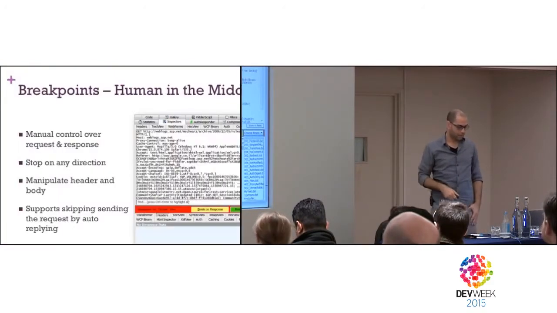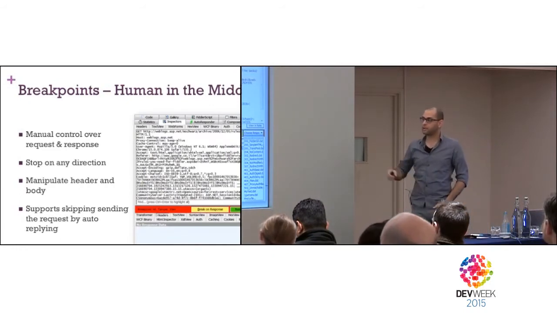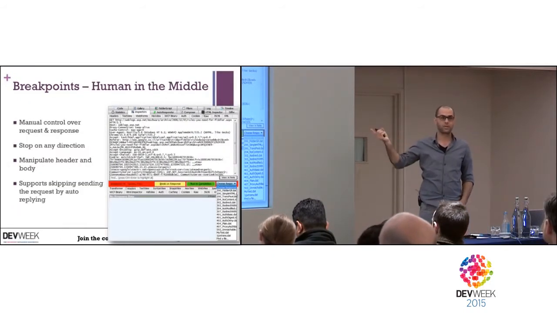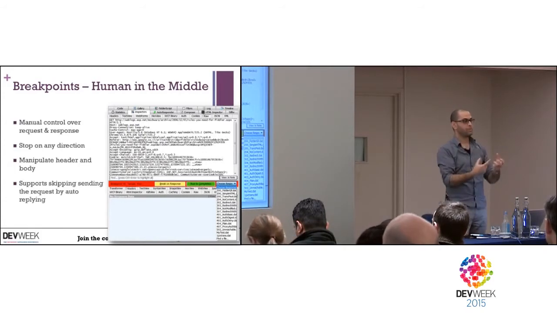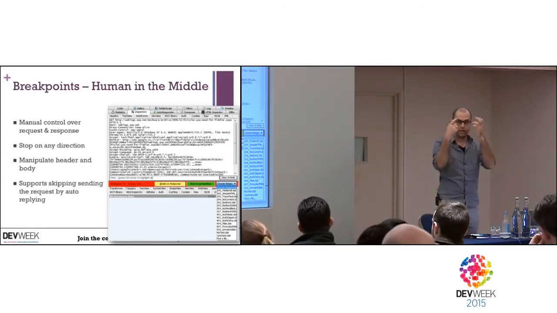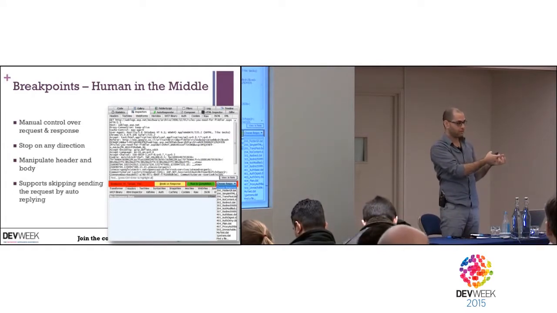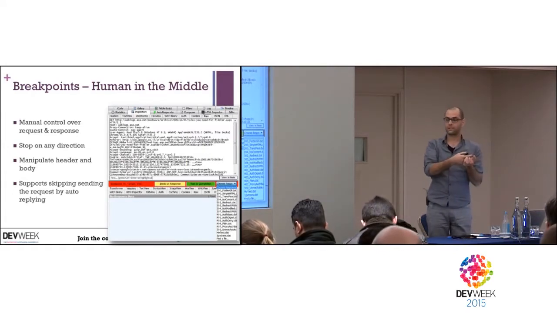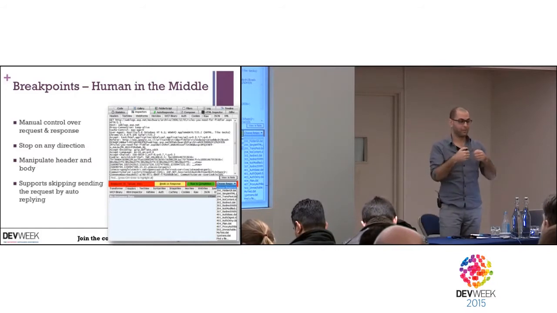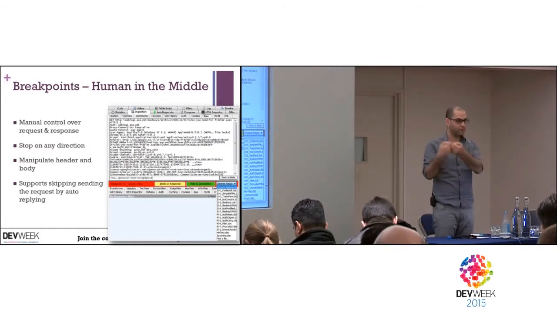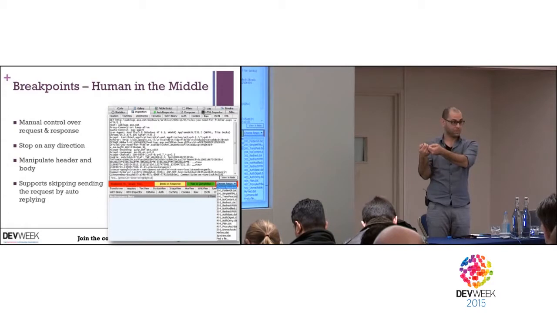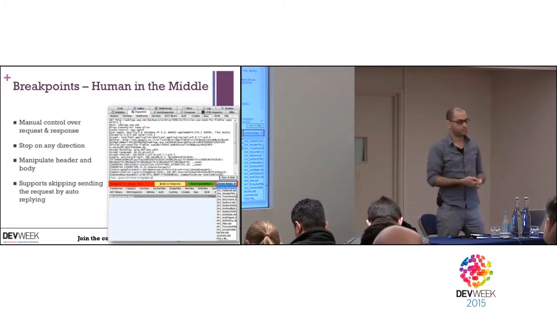Okay. Another thing that we have in Fiddler is the ability to place breakpoints. I can actually stop the response in Fiddler and change it before sending it back to my client, which is a very nice thing. For example, if you want to plant an error in the message, but you can't edit the server, right? So I can do that in Fiddler.